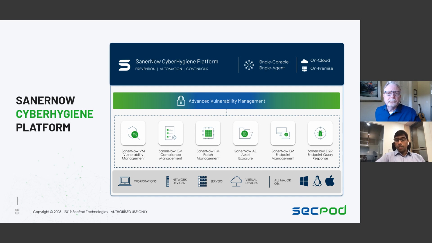Similarly, we have other security control mitigation within the endpoint management platform and also our endpoint query and response, with a number of actions that you can apply which go beyond patching. So all of these 6 tools are operating on a single data point, feeding into one another.